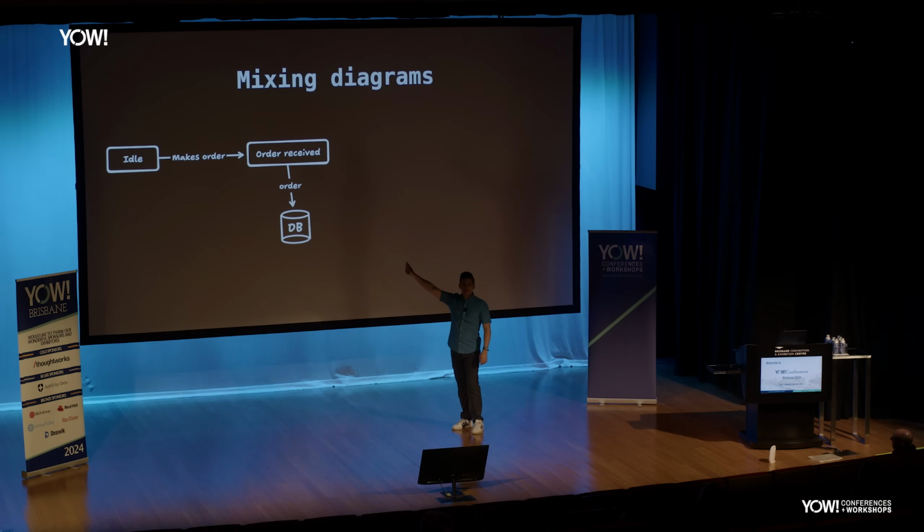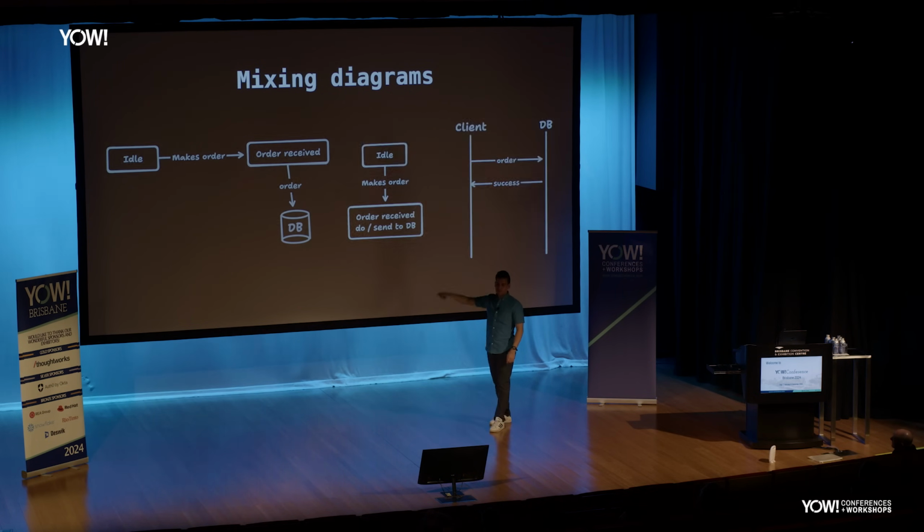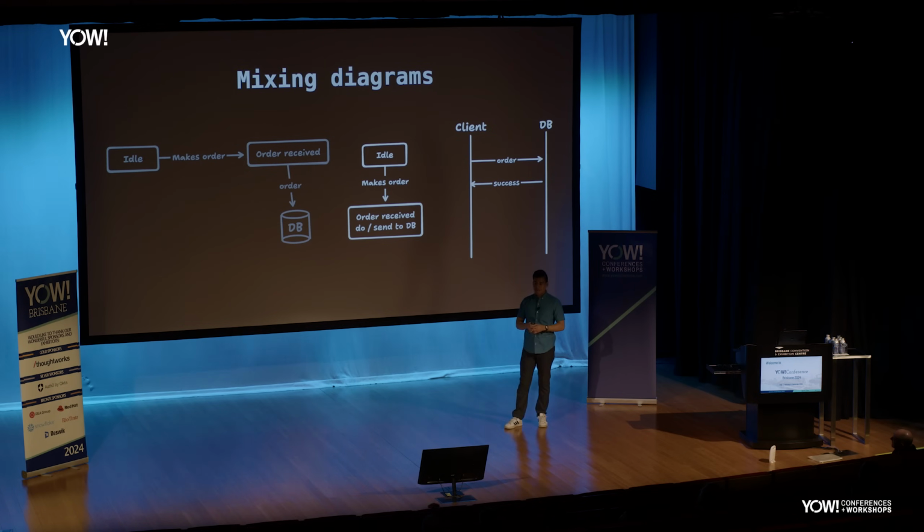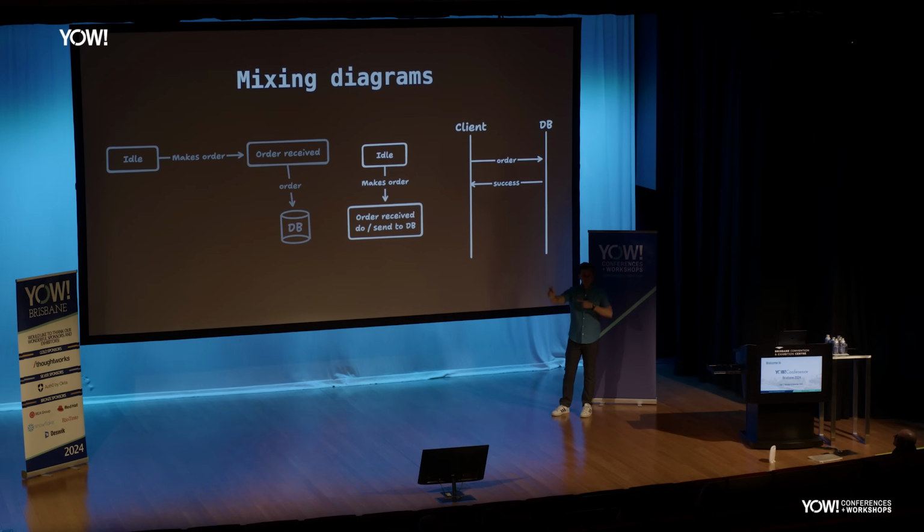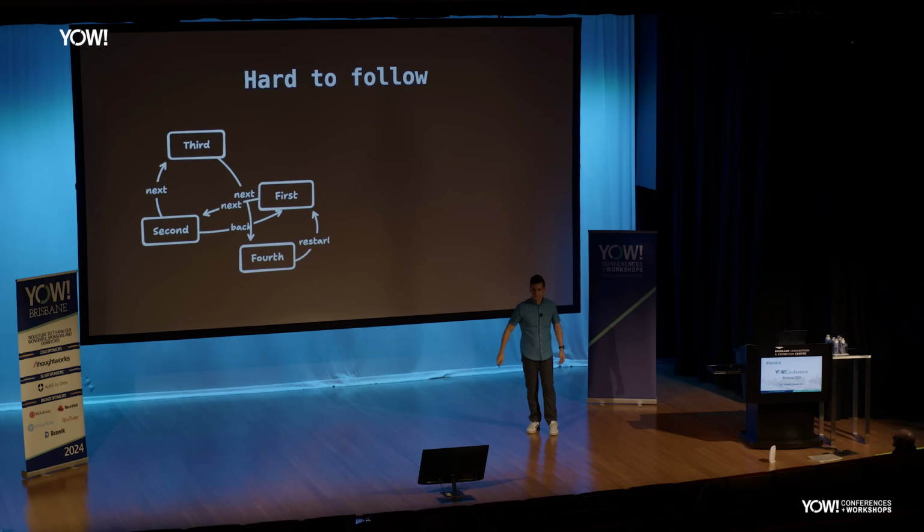One of them is a state transition, and the other one is data flow. So it might actually be better to explain these as two different types of diagrams, where we go from idle to order received, and we send the order to a database, and then we could use a sequence diagram to show the interaction between the client and the database.